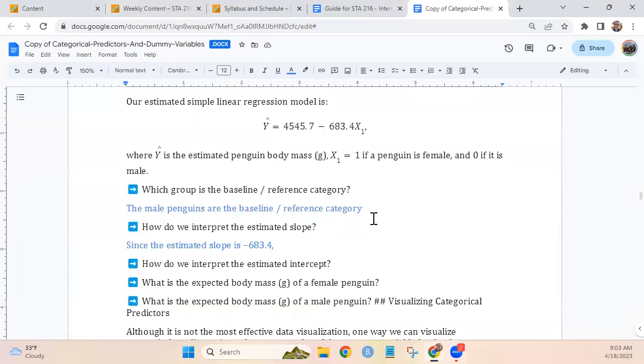So when a penguin is female, you subtract 682.4 from their average weight. Yeah, the expected average weight.